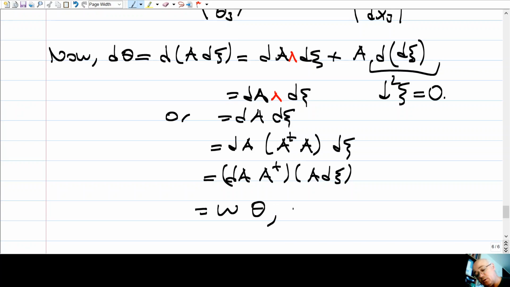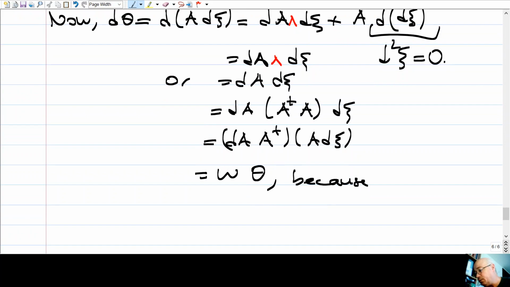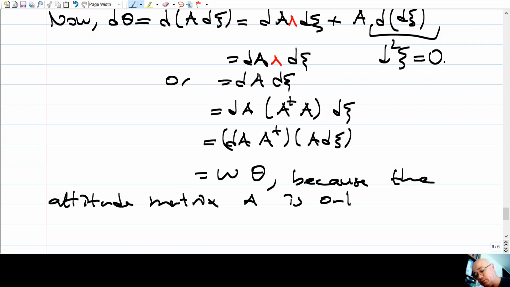I can do this because the attitude matrix A is orthogonal, so that A transpose times A is just identity.